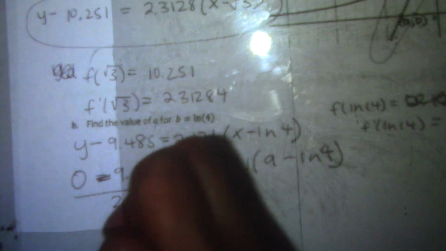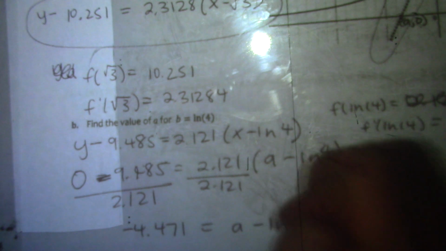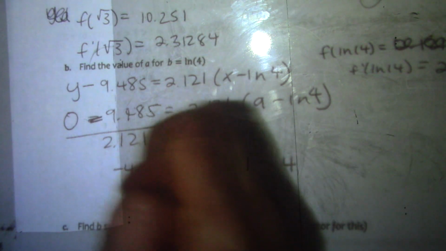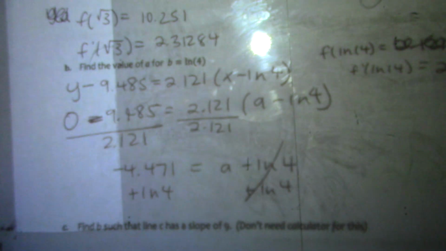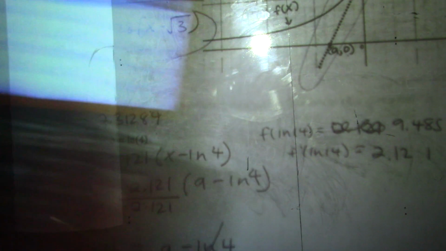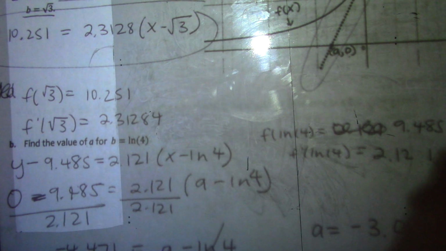So that gives me -4.471 equals A minus natural log of 4. And then to get A by itself, you're going to add natural log of 4. And that gives me my answer, A is -3.0851.